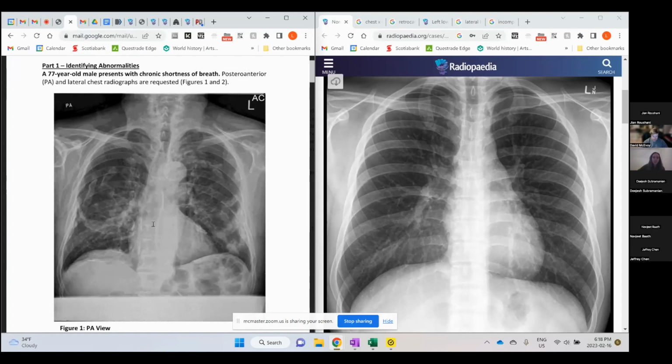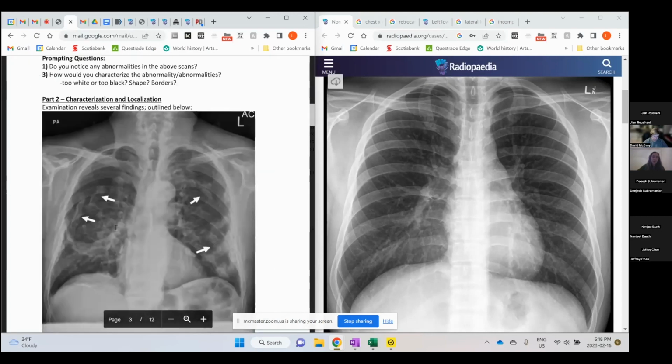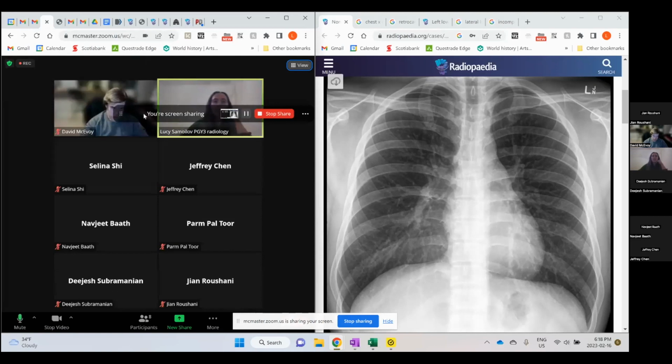So these can arise from any of these structures. The lateral does help us, but the reason I want to know where it's coming from is, again, it helps us narrow down the differential. So where do you guys think that the lesions are located?